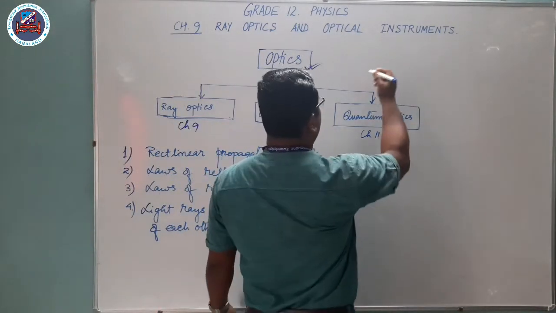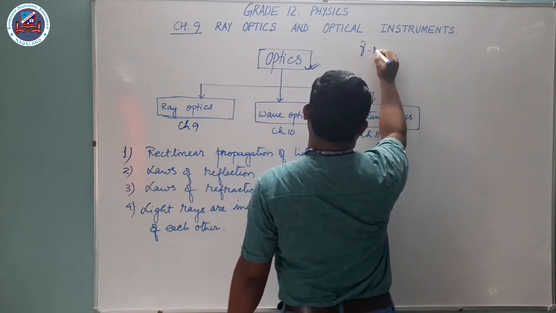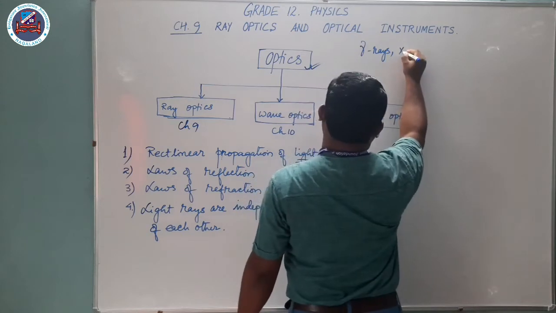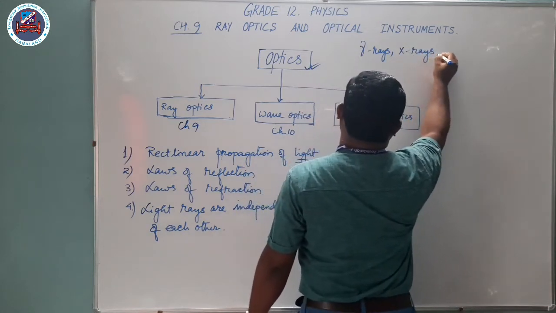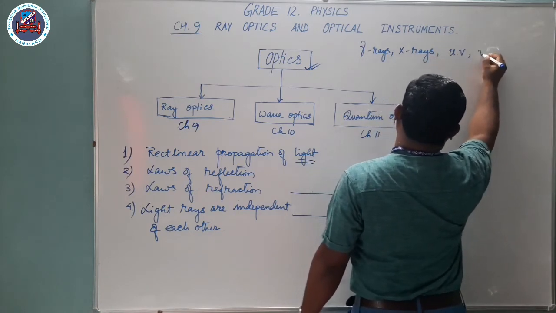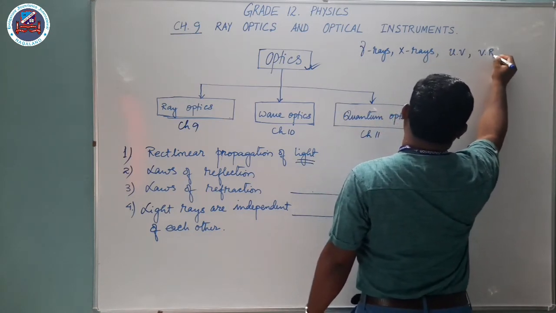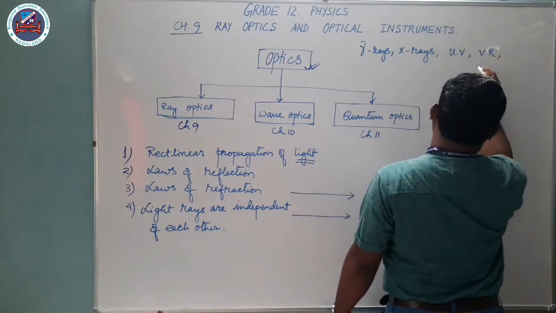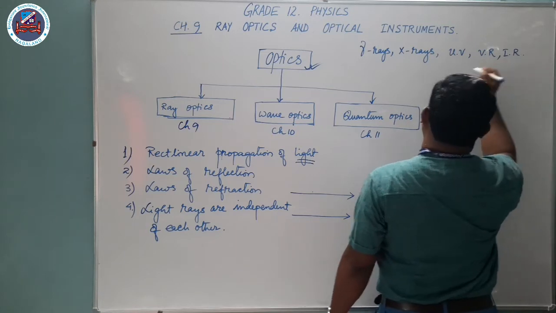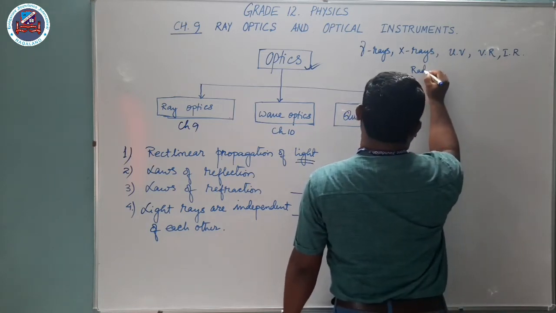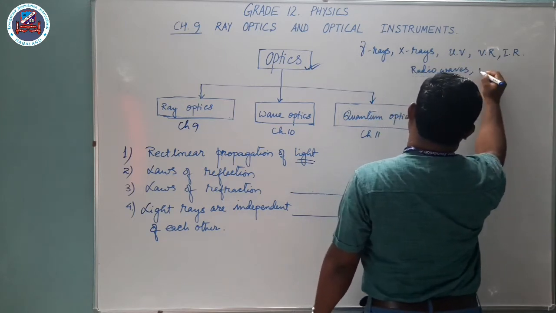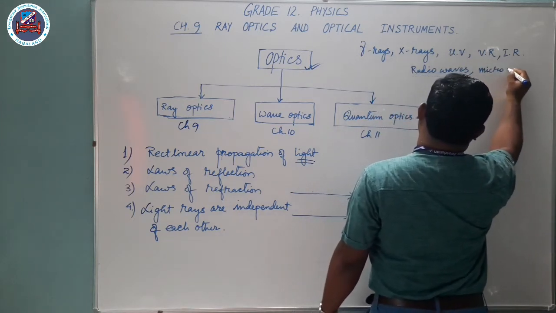Let me write down here. Gamma rays, they are also electromagnetic in nature. X-rays, ultraviolet rays, then you have visible rays, then you have infrared rays, then you have radio waves, and you have micro waves.